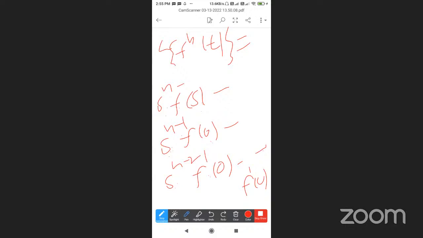So the Laplace transform of derivatives is clear.